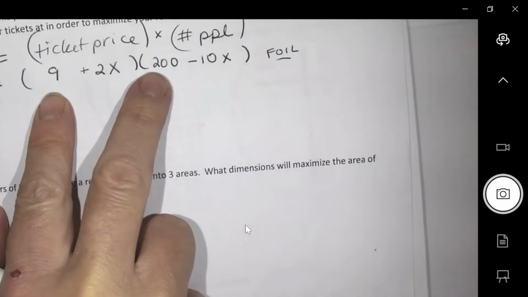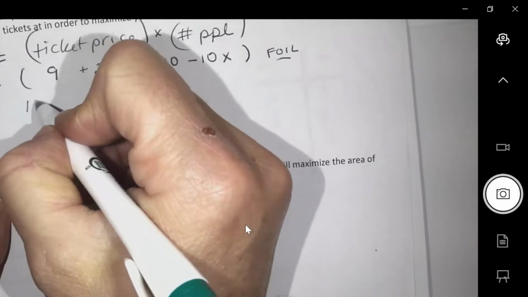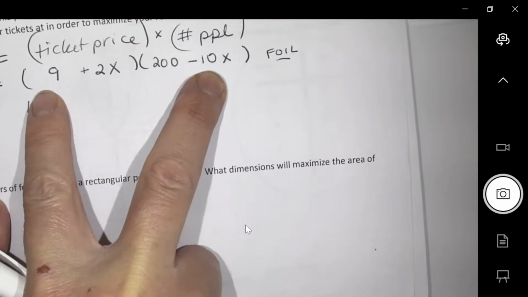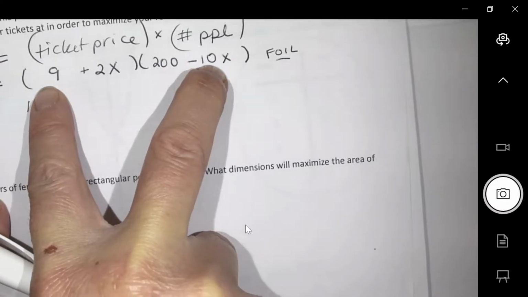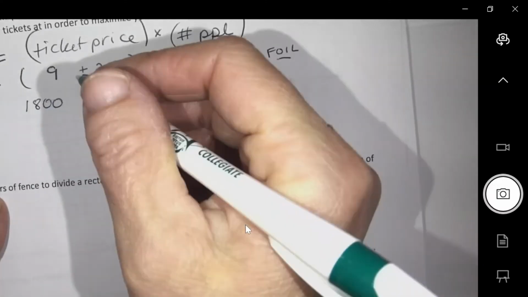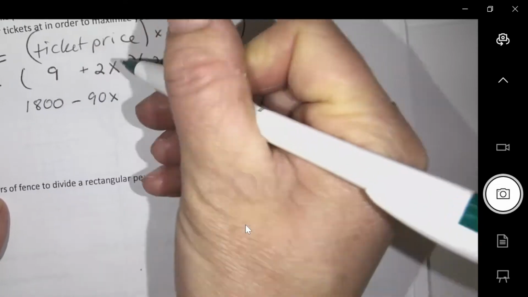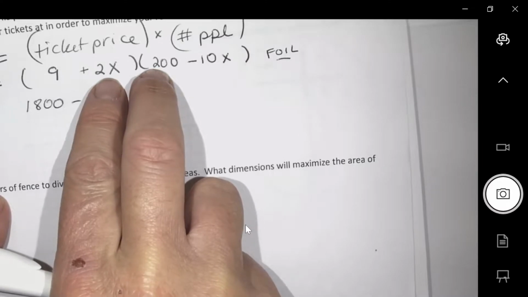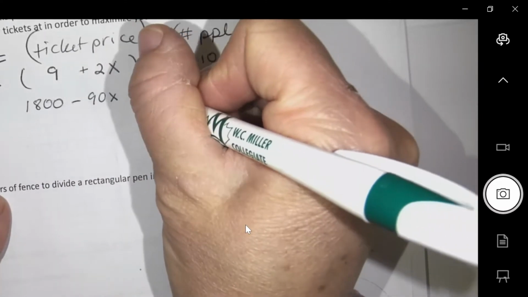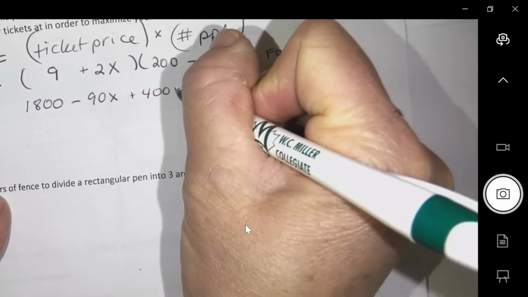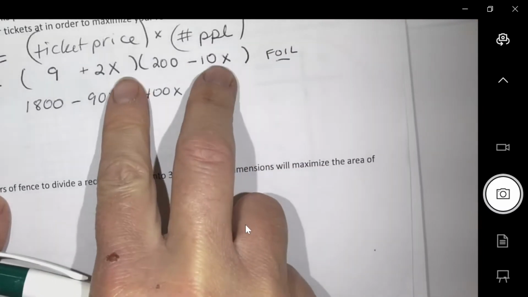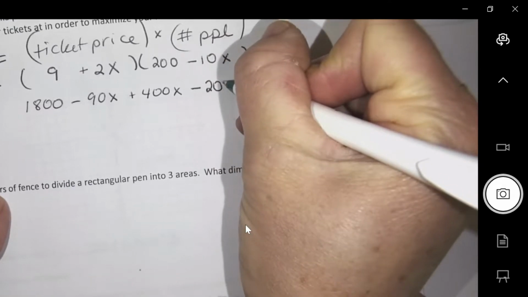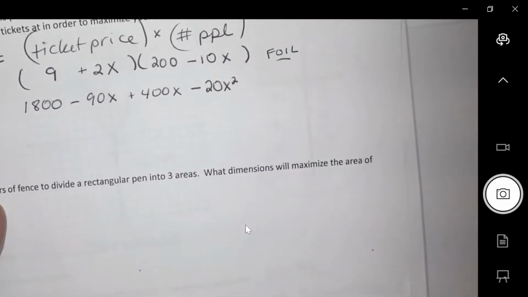Okay, 1800 is first. Outside would be subtract 90x. Inside is plus 400x. Last is minus 20x squared.